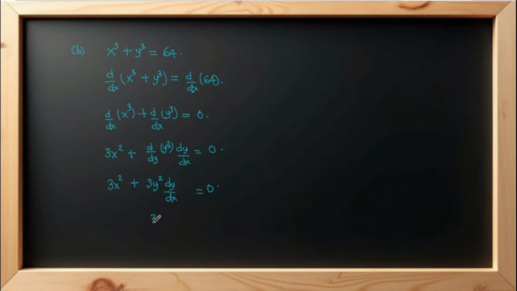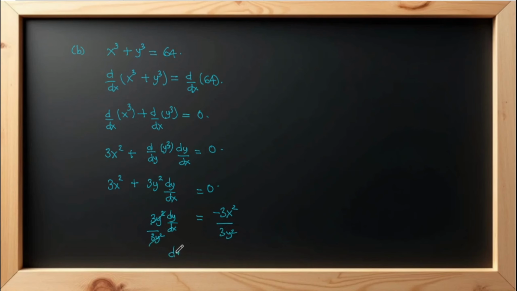Collecting terms as we isolate dy by dx, it results to negative 3x squared. Then dividing both sides by 3y squared will result into this expression.